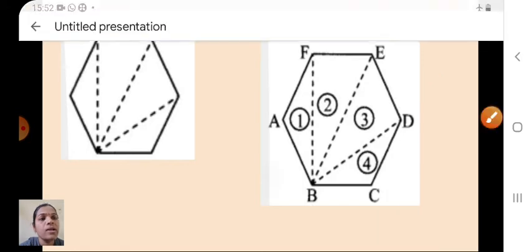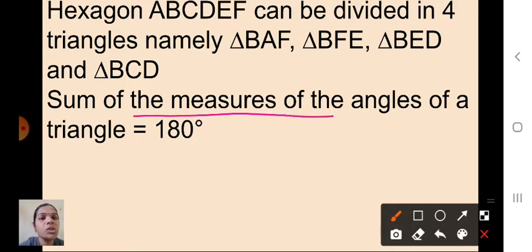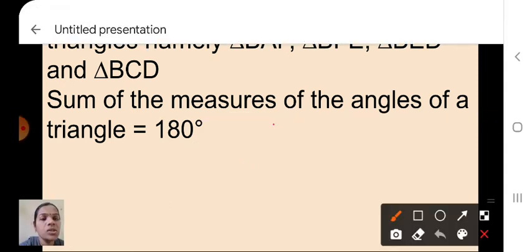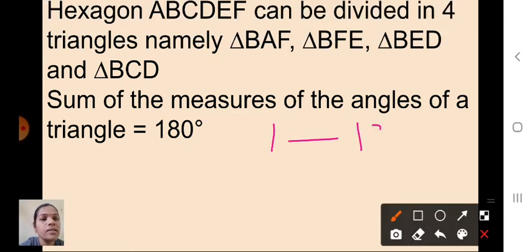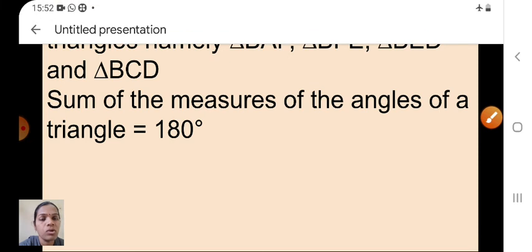And next one, see here: the sum of the measures of the angles of a triangle is 180 degree. So one triangle measures 180 degree, and here we will have 4 triangles. So 180 into 4, how much will come? That is your answer.